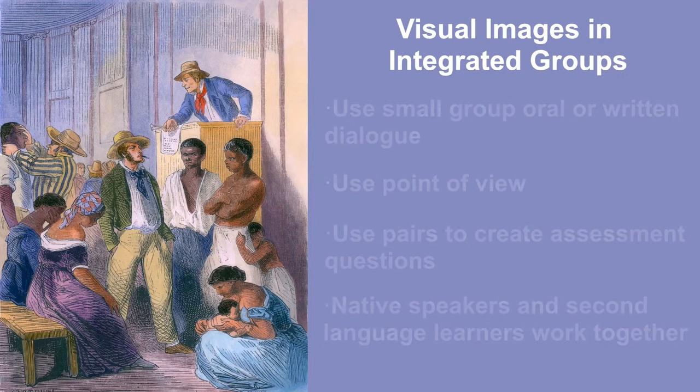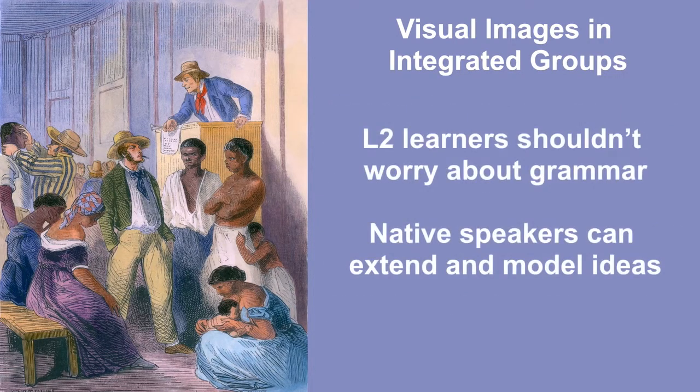Second language learners should be encouraged to express their ideas, but they should not worry about being grammatically correct. Native speakers can become sensitive to and even practice how they can incorporate or build on their partner's ideas, modeling for their peers how they might say or extend their ideas orally or in writing.